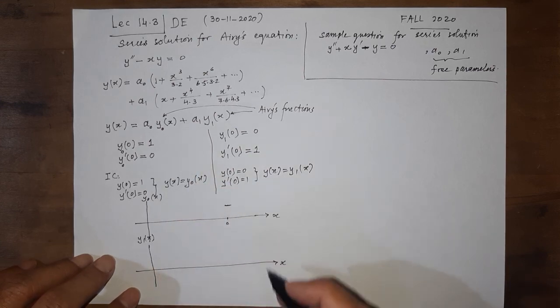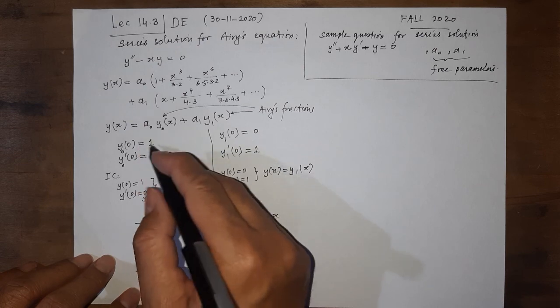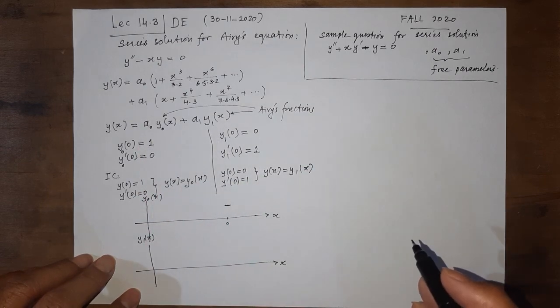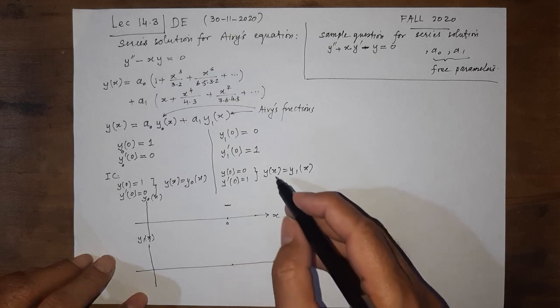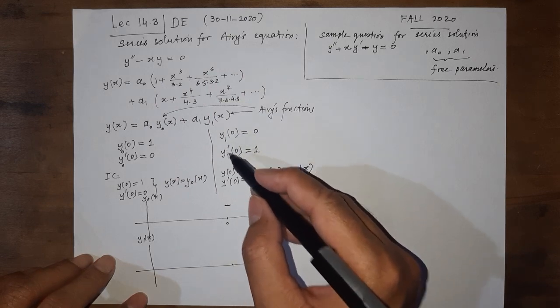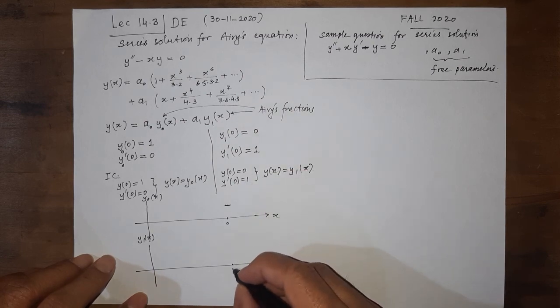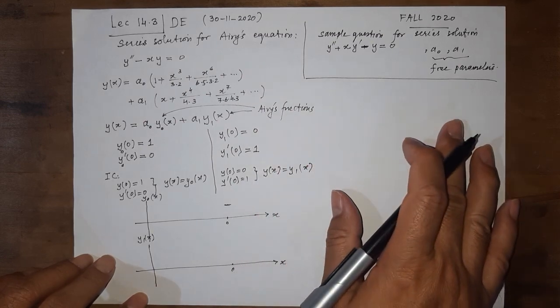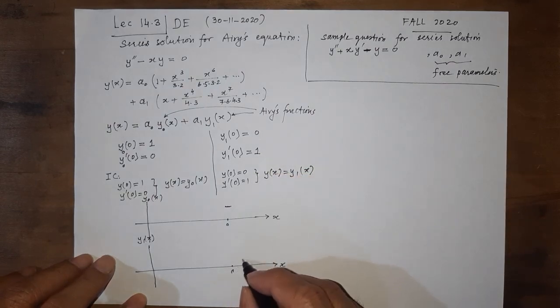And then we obviously know only this point and its gradient here by these simple initial values. And we can similarly see that the Airy's function y1 would have a value of 0 at 0, and it would have a gradient of 1, so it means the slope would be 1 at this point.